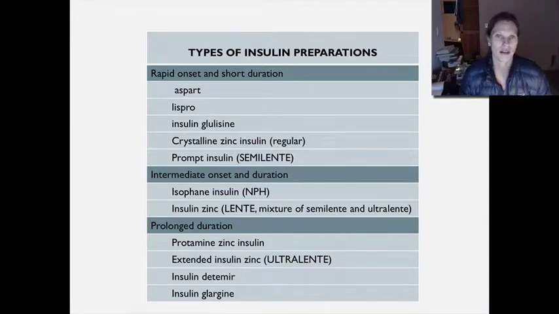You'll hear that a lot in the field. I just wanted to let you know what those terms mean, and you can have this for your reference. But for our class purposes, what you want to remember is that insulin-dependent diabetics or type 1 need some form of insulin, or forms of insulin most appropriately.